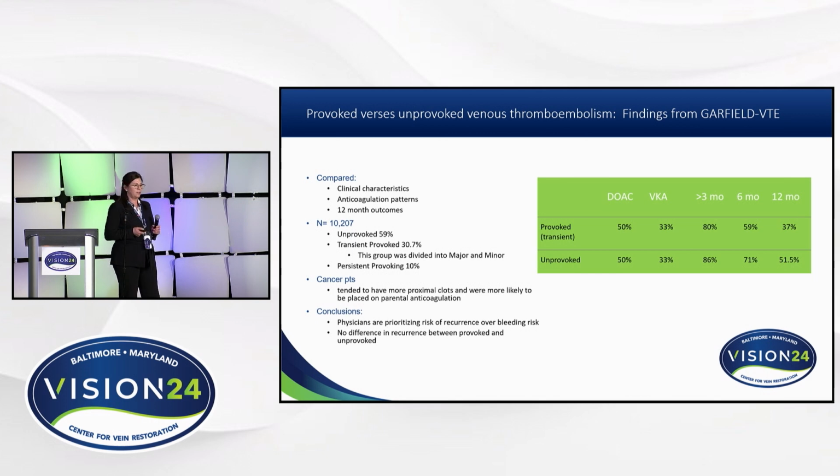They found that, unfortunately, even with these recommendations being pretty consistent since 2016, we still see a great deal of patients being treated with anticoagulation out to a year, even for these transient events. The conclusion from this paper was that providers are more concerned about recurrence than they are about bleeding risk.